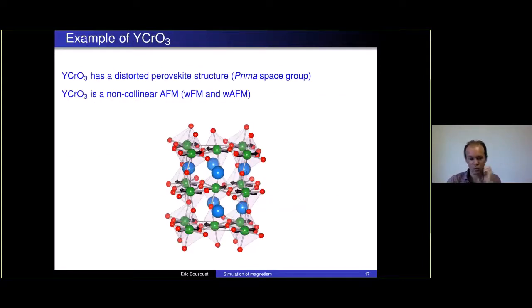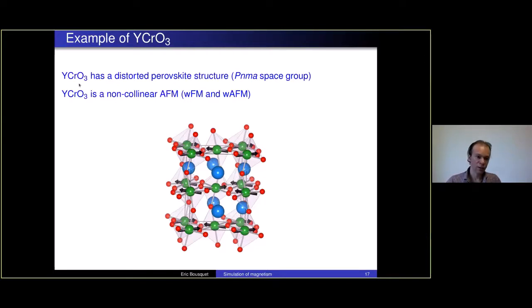Okay, let's go with a more complex example. Here we start with yttrium chromium oxide. I start with that because chromium 3+ in oxides, in an insulator, is one of the easiest systems to simulate from DFT, because even with this exchange correlation functional, without any very complex advanced functional, you can predict correctly the non-collinear magnetism.